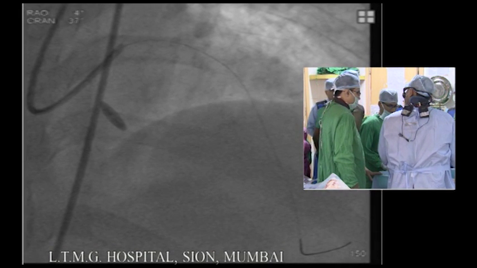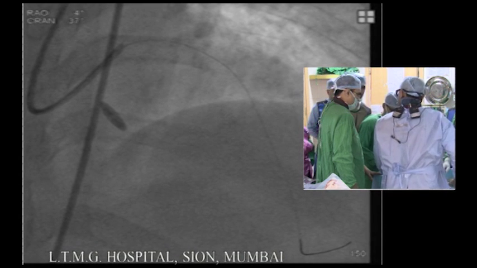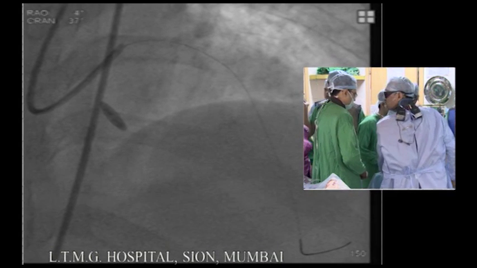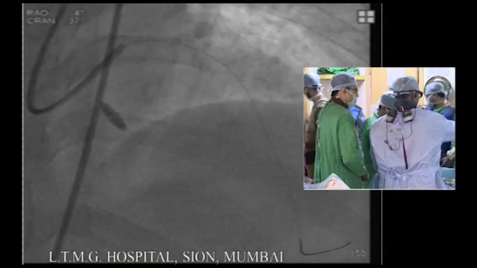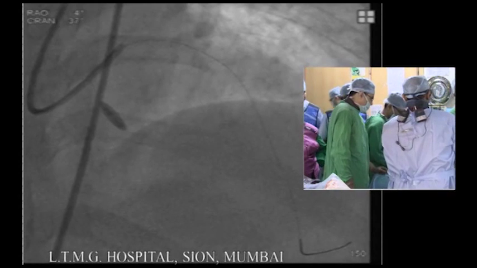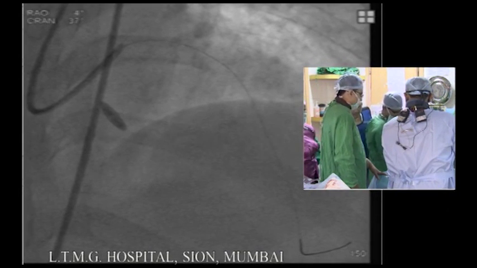Yeah, so the only thing is nowadays we are moving with the BRS or MIRES, which we may be using in this patient. We have to make sure that the vessel is well prepared. There is nothing wrong if you choose a 2.0 balloon or 2.25 balloon, but you have to do IVUS and make sure that the vessel is well treated and well expanded.